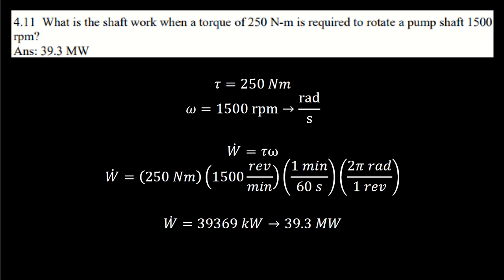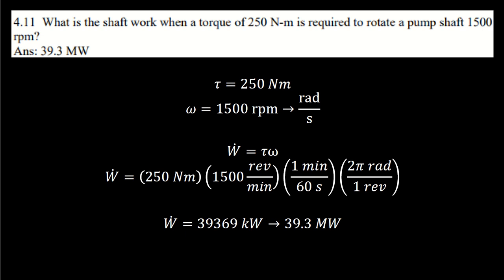So an example of doing that, the shaft power equals 250 newton meters times 1,500 revolutions per minute times 1 minute per 60 seconds times 2 pi radians per 1 revolution.